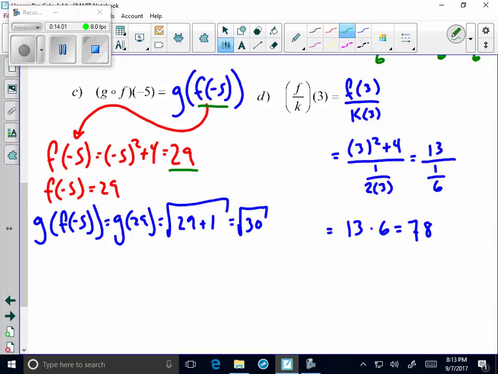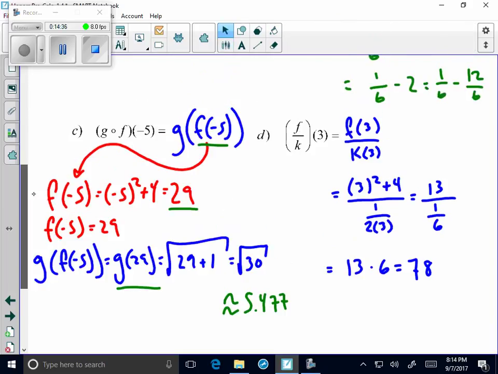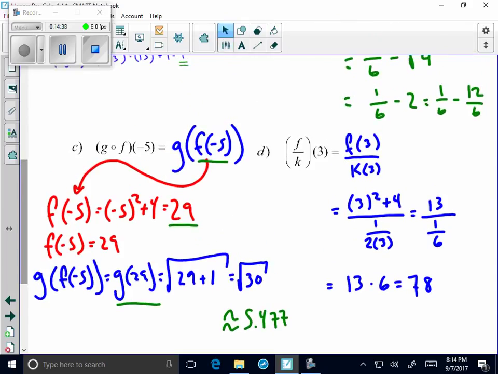So then we evaluate g of 29, and that is the square root of 29 plus 1, which gives us the square root of 30. It is approximately 5.477.